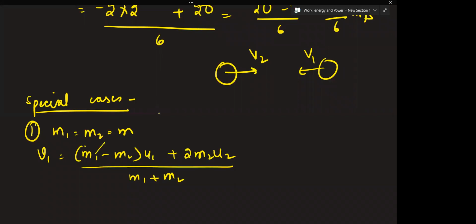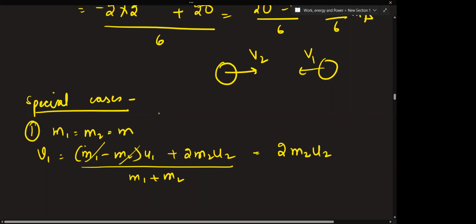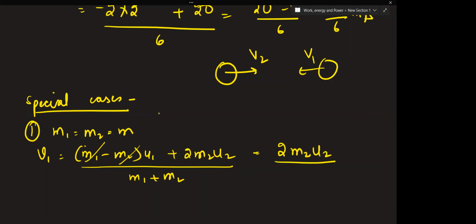Now since M1 is equal to M2, the term (M1 minus M2) U1 becomes 0. We are just left with 2M2U2 divided by M1 plus M2. I can write it as M2 plus M2 because both are the same, which makes it 2M2 again.